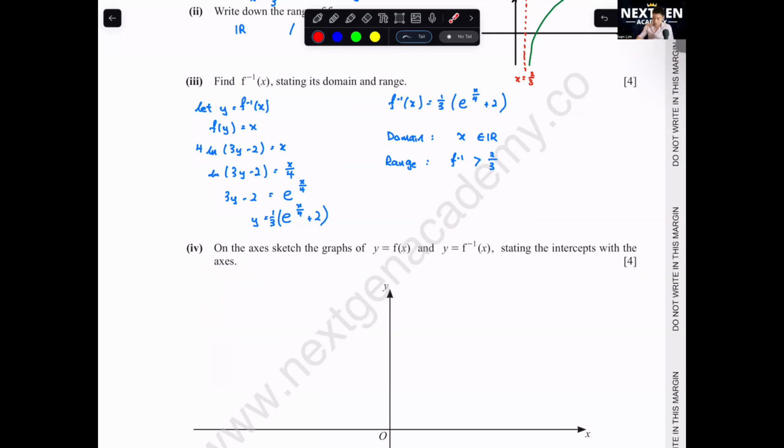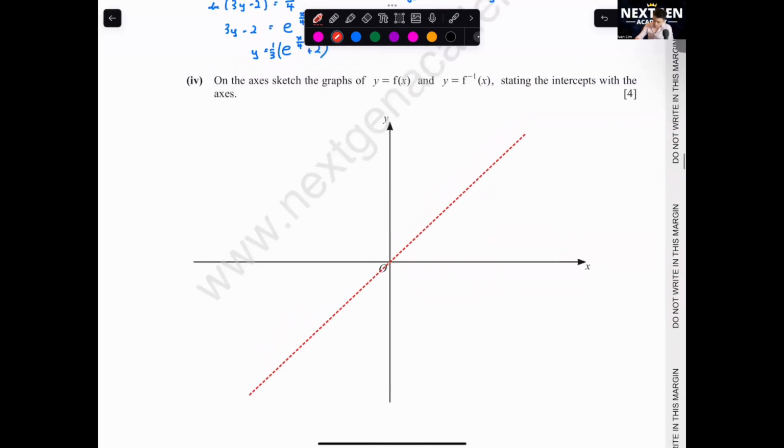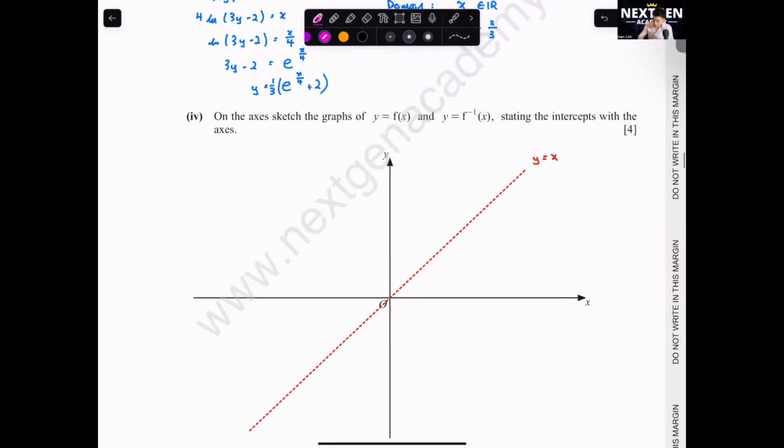When we draw an inverse, normally what I'll do is start by drawing your y equals x line first, so we can draw symmetrical graphs to each other. So draw y equals x here. Then you can draw out your two asymptotes here and here.